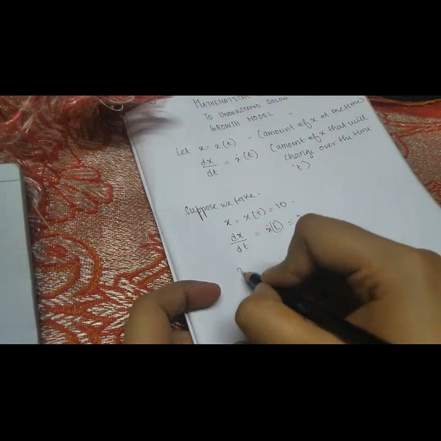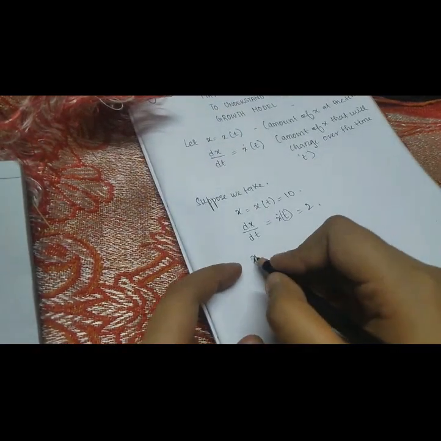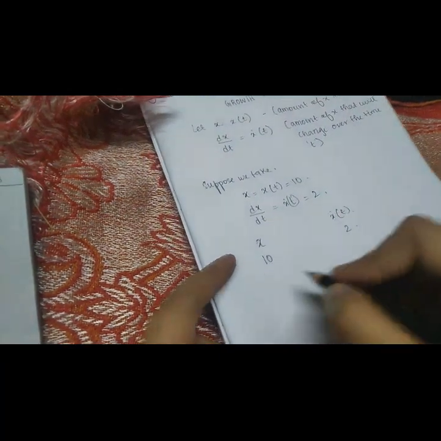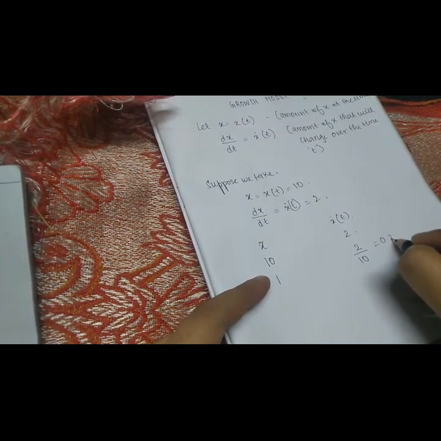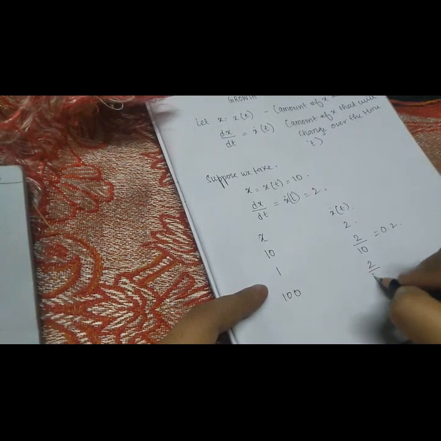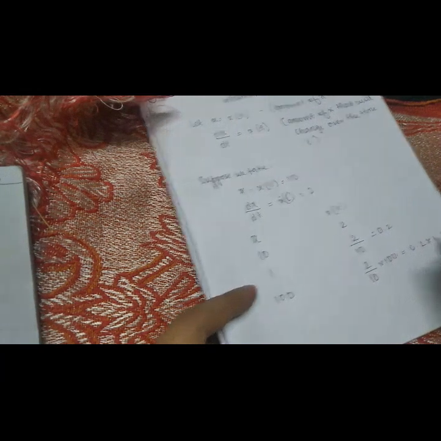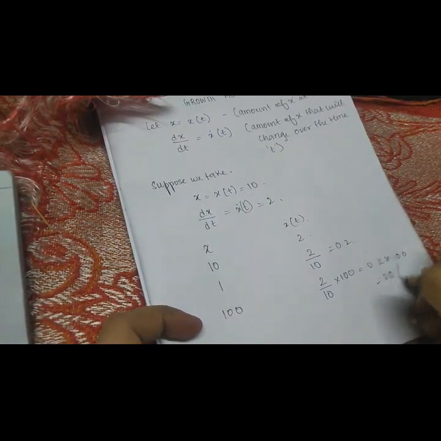So let's take x here and x dot(t) here. If the value of x is 10, then x dot is 2. If it's 1, then it will be 2 by 10, that is 0.2. And if it's 100, then it will be 2 by 10 into 100, that means 0.2 into 100, that is 20%.